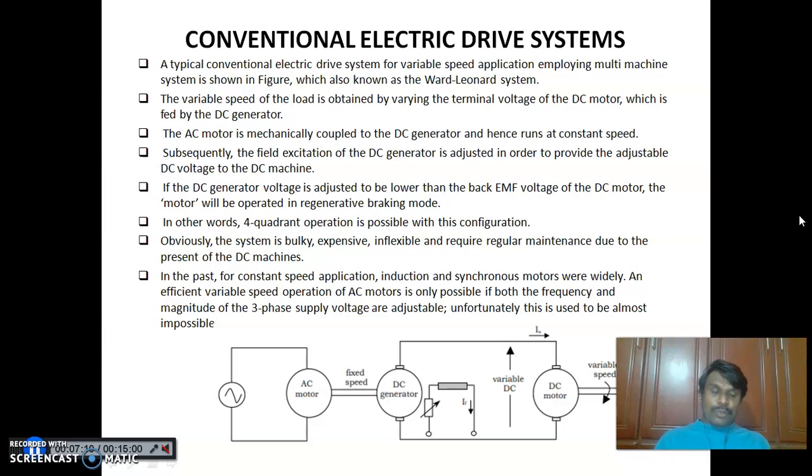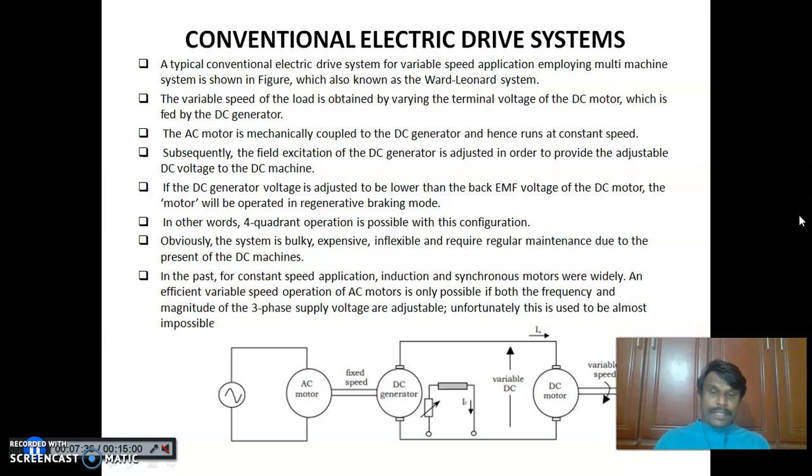If you change the supply voltage, the speed also changes, and the corresponding torque also changes. So the requirement of the load concerns changes in the speed of the DC motor. When the AC motor is connected to the supply voltage and coupled with the DC generator, the excitation changes the DC generator output, and the voltage across the DC motor also changes.